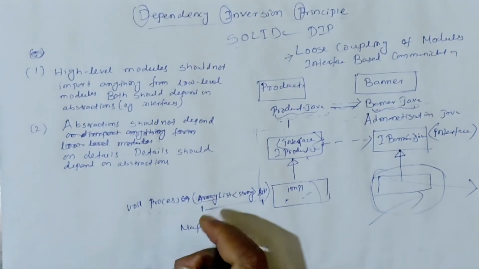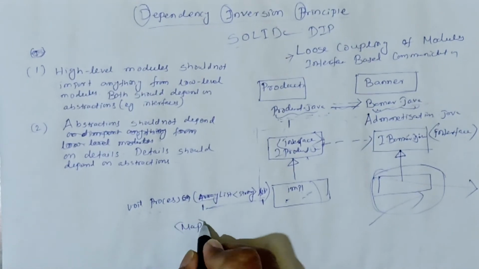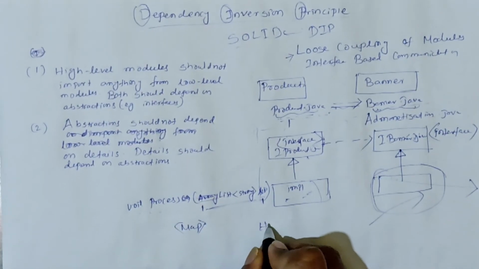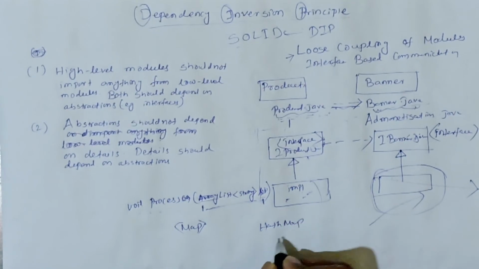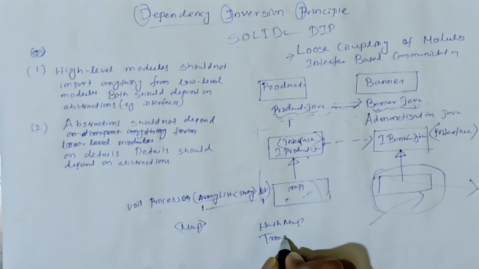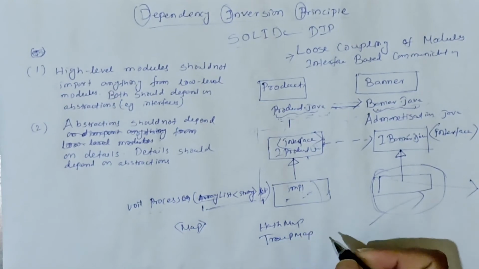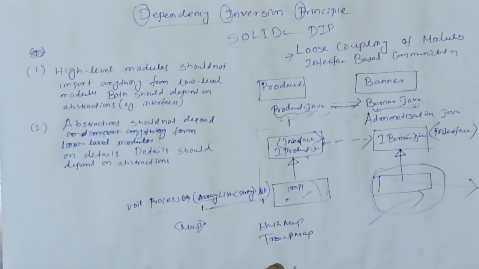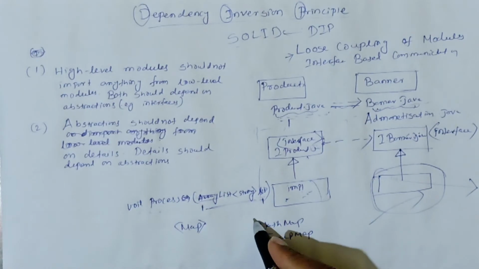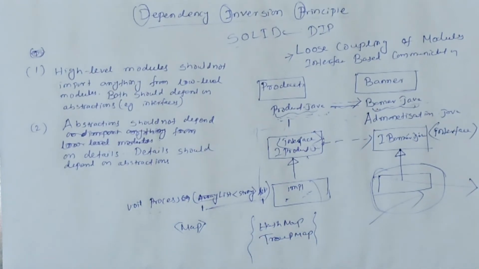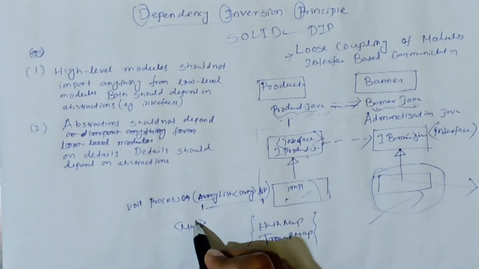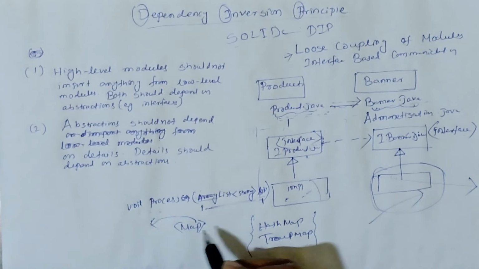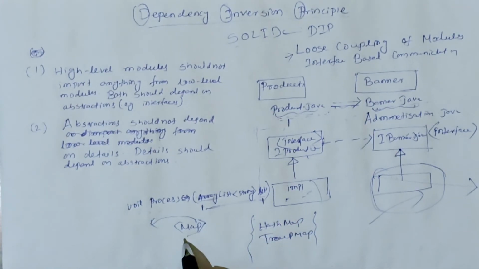Map is also an interface, and Map has different implementations: one is HashMap, one can be TreeMap, and LinkedHashMap. So based on our use case, we can change the internal logic, and the calling environment will not break, because it depends upon the Map interface and we are only changing the implementation.